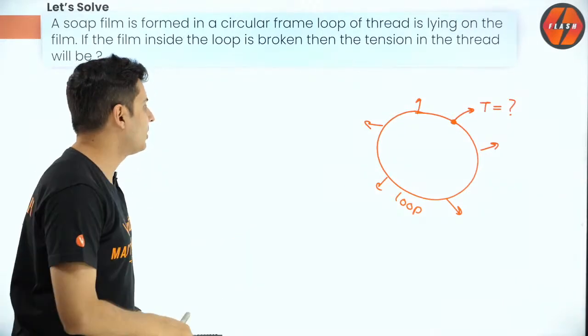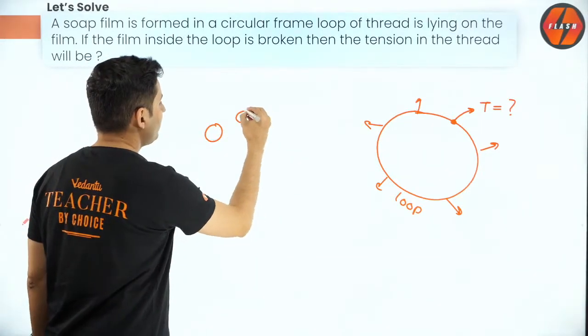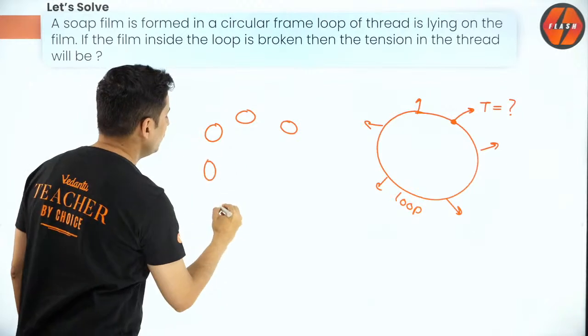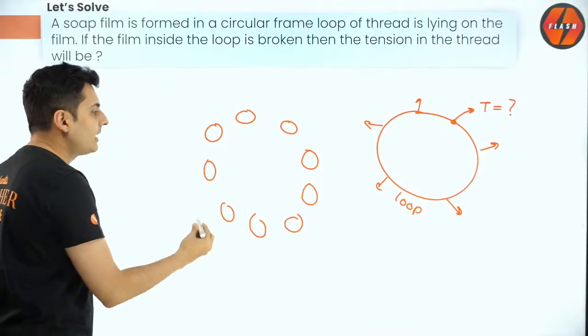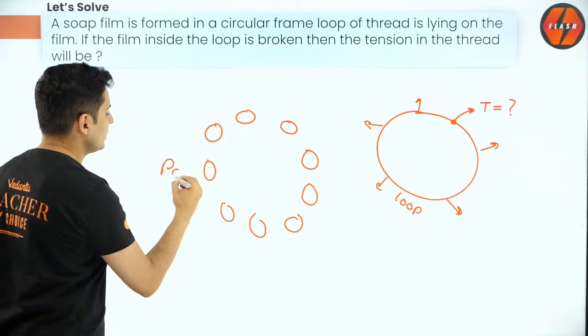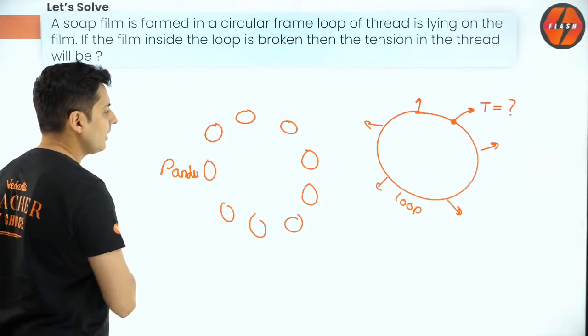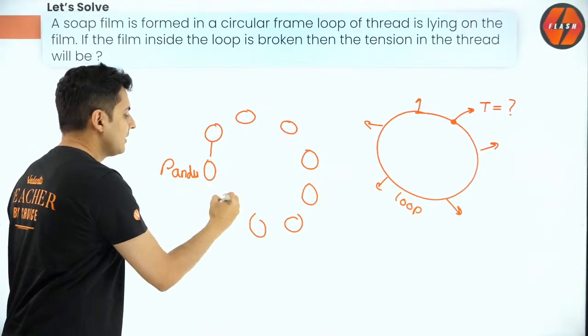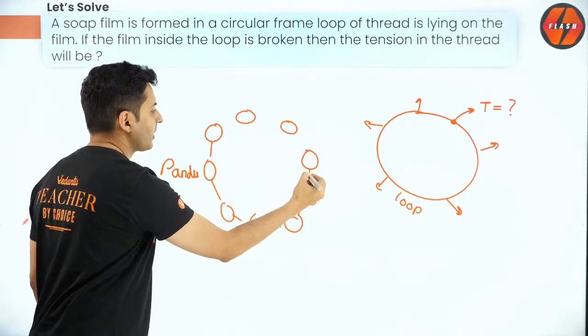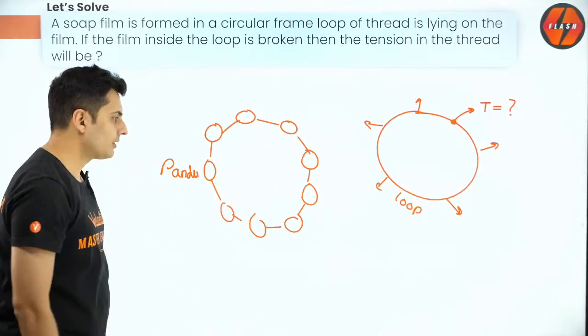Okay, I'll make you visualize this. Imagine the loop is divided into particles, and think of each particle as a person. Each of them is holding hands with the next person and they are playing Ring a Ring o' Roses.